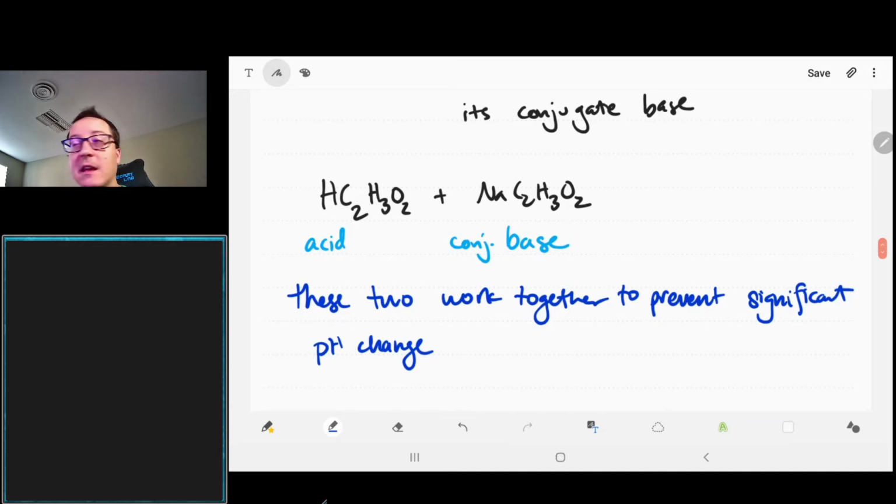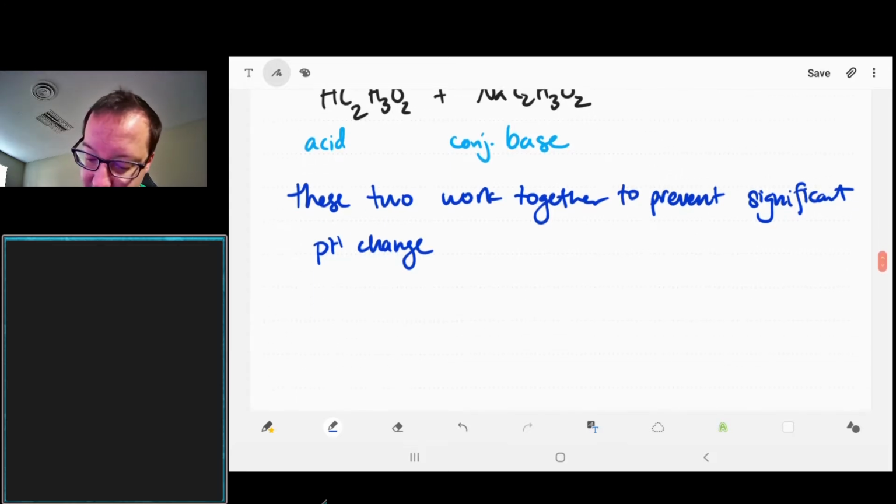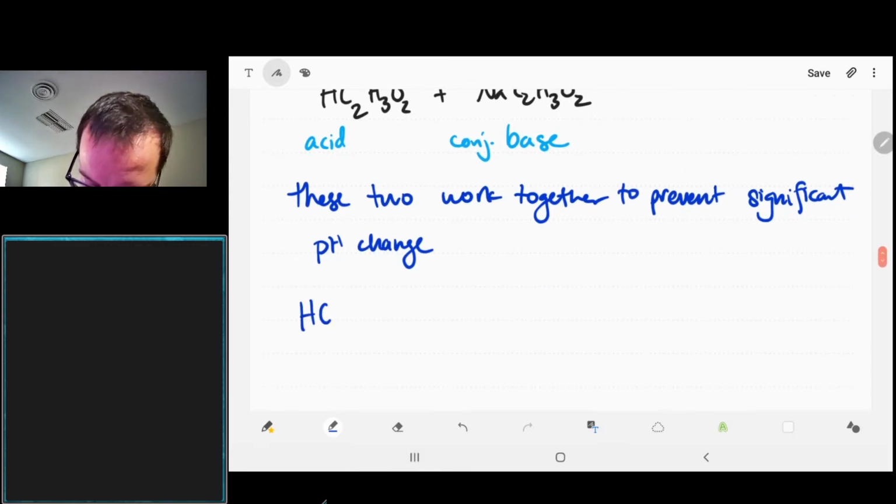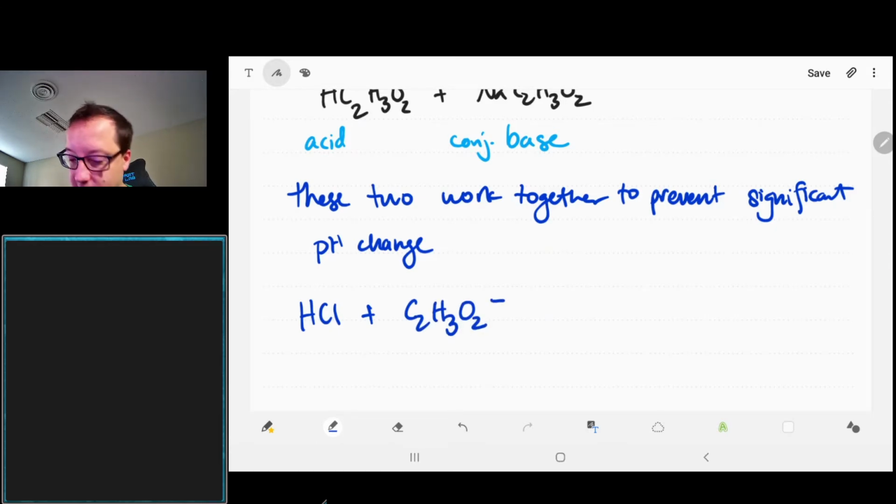The reason being, if you have the solution, we know acetic acid is mildly acidic, sodium acetate is mildly basic, acetate being the conjugate base. If we were to go ahead and add some strong acid to this, we're going to see that it's going to react with our sodium acetate to produce the acetic acid out again.